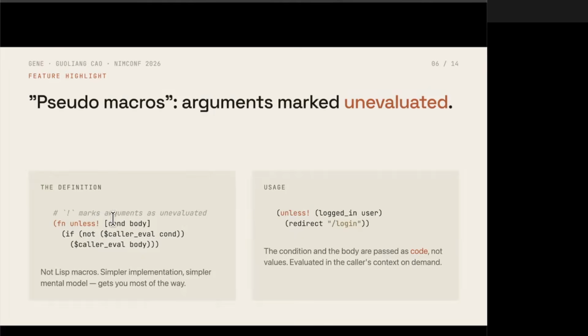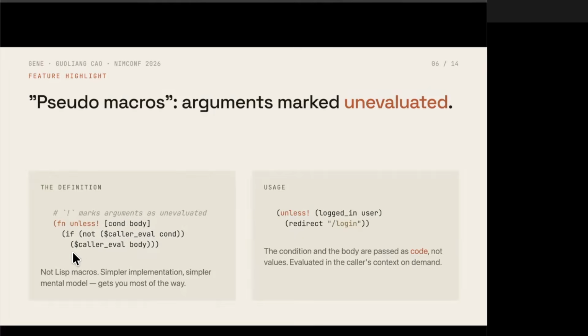And then you define it like any other function, you take a list of arguments, and in the body of your macro, you can either directly take those arguments as data, or you can take them as code and evaluate them in the caller's context in the appropriate place. And you can also evaluate them conditionally. So you can skip evaluating some of the arguments passed in. So that's the power of pseudo-macros.